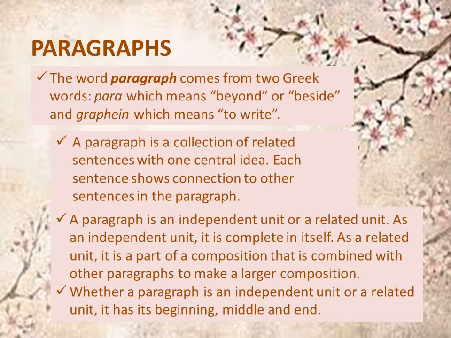A paragraph is an independent unit or related unit. As an independent unit, it is complete in itself. As a related unit, it is a part of a composition that is combined with other paragraphs to make a larger composition. Whether a paragraph is an independent unit or related unit, it has its beginning, middle, and of course the conclusion or the end.